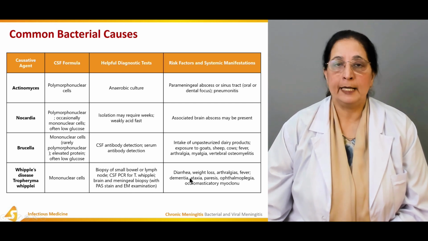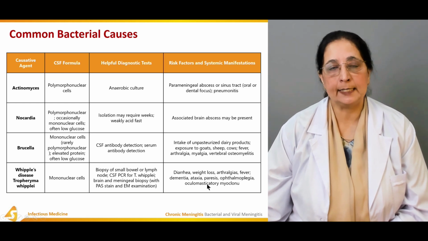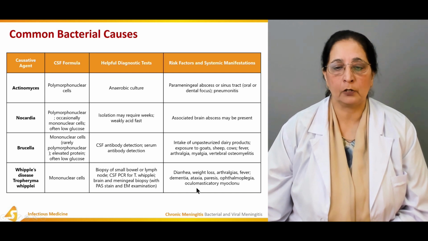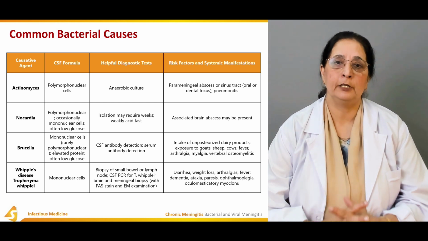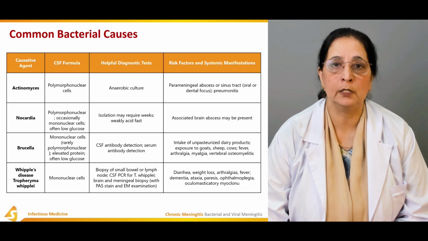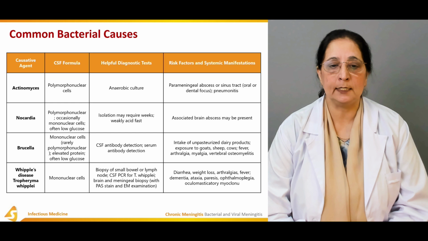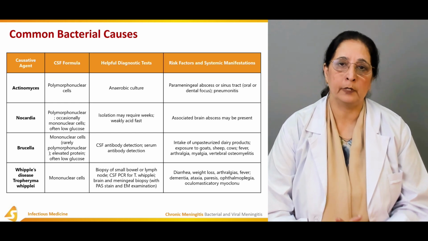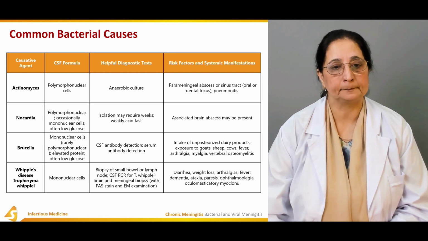Features include diarrhea, weight loss, arthralgia, fever, dementia, ataxia, paresis, ophthalmoplegia, and oculomasticatory myorhythmia. All these are different features associated with these different bacteria, and how we can test and find out that these are the causative microorganisms.